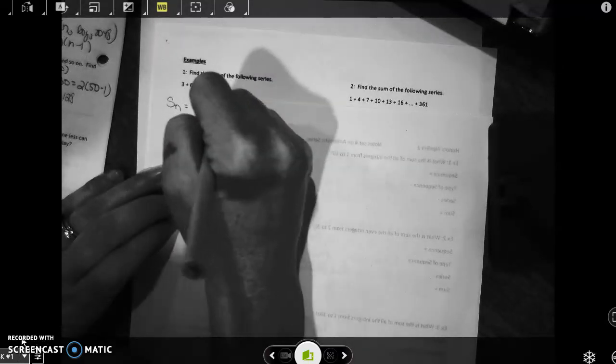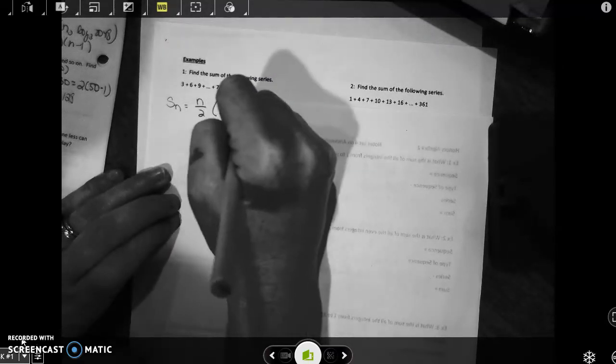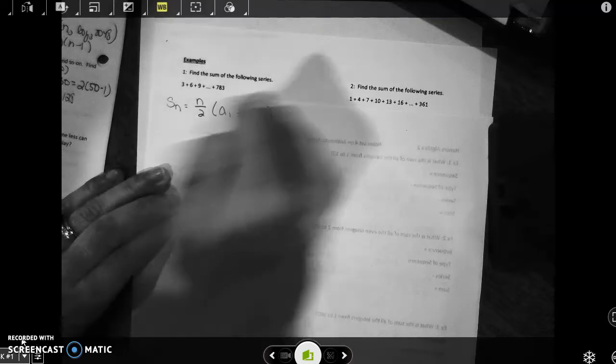So we're going to turn the page and look at example 1 here. It says find the sum of the series. So right off the bat, let me just write my formula. S sub n will equal the number of pairs times the sum of the first plus the last. And I'm going to fill in all the information I know.